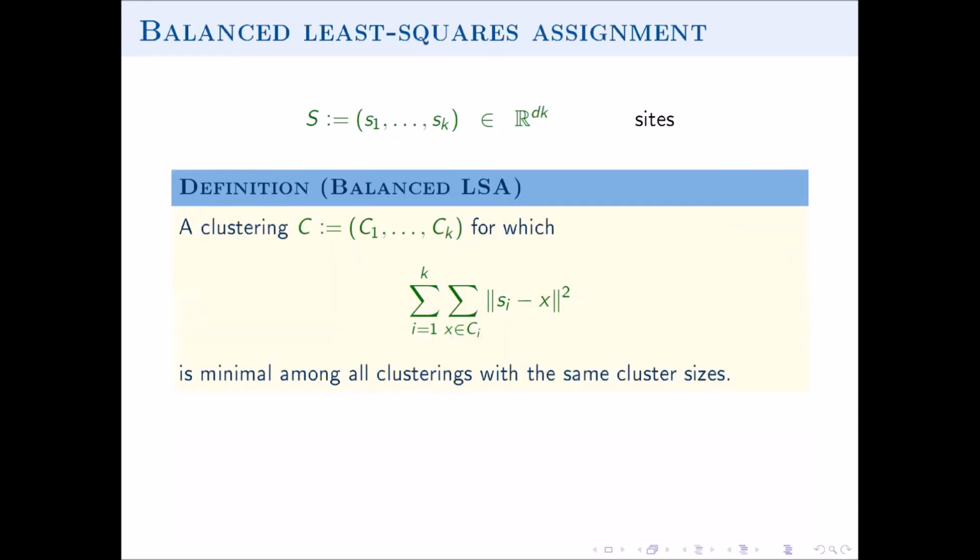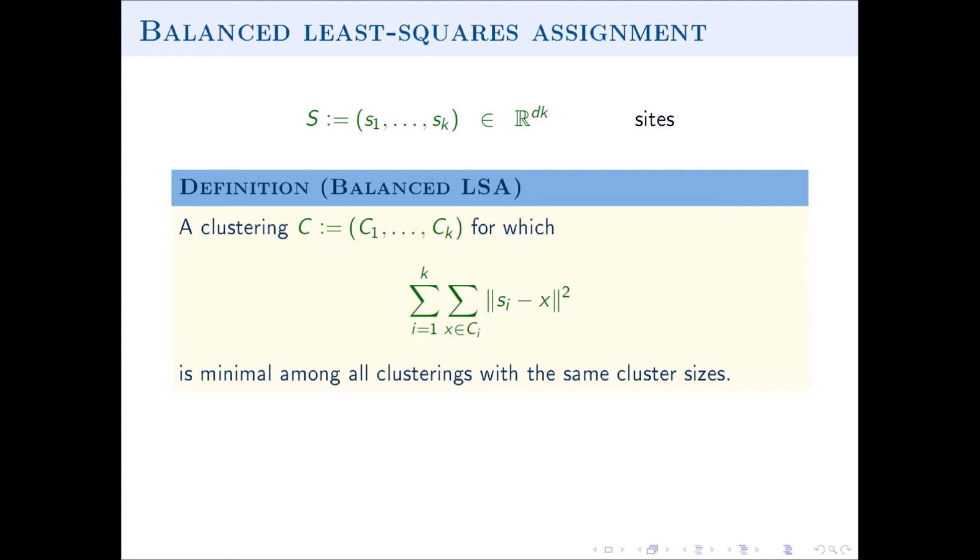And they are in an intimate connection to so-called balanced least squares assignments. So for least squares assignments, you also specify a set of sites and you minimize the least squares term, where you sum up over all clusters and you sum up over all points in those clusters, and you measure the squared Euclidean distance from that point to its corresponding site.